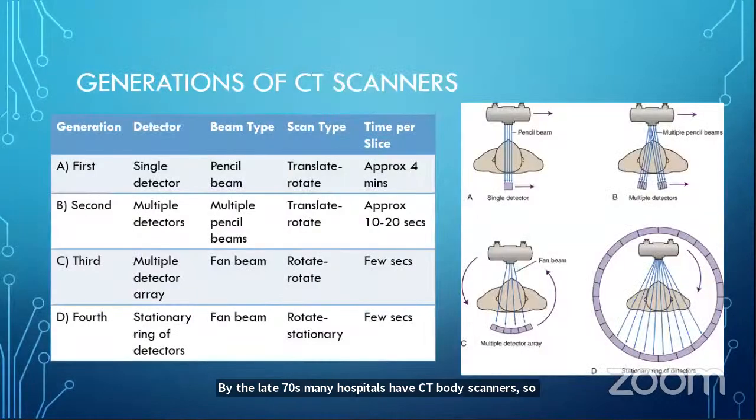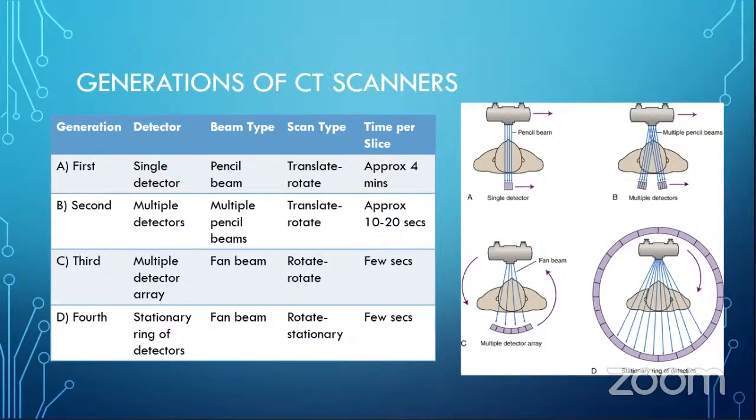So just a look at the generations of CT scanners. The first generation was just one detector and a pencil beam, and the scan would take about 4 minutes. The second generation, which is shown by B, used multiple detectors and multiple pencil beams, and that would take about 10 to 20 seconds per slice.